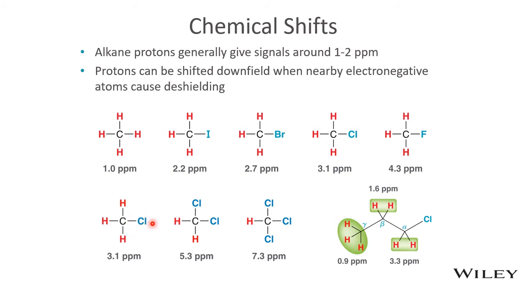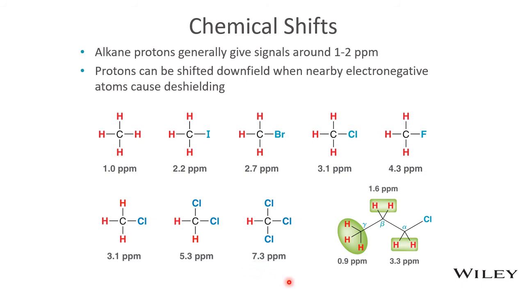The presence of one chlorine in the molecule will change the shift from 1.0 for these protons all the way up to 3.1. With two chlorines, you have double the atoms pulling the electron density towards themselves, and you have double the de-shielding effect. So we see an increase to about 5.3. Three chlorines are going to pull so much electron density from this hydrogen here that we see a change in the chemical shift to about 7.3.